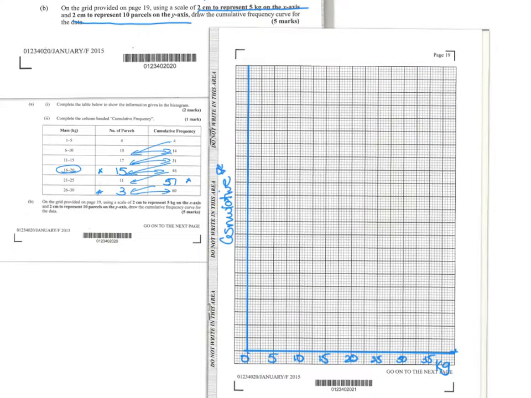Okay, so we know that we're going to put kilograms on the x-axis, and we're going to use 2 centimeters to represent 5 kilograms. So every 2 centimeters we put 5 kilograms. So we have 0, 5, 10, 15, 20, 25, 30, 35. On the y-axis, we're going to put the cumulative frequency, and they want us to use 2 centimeters for every 10 parcels.